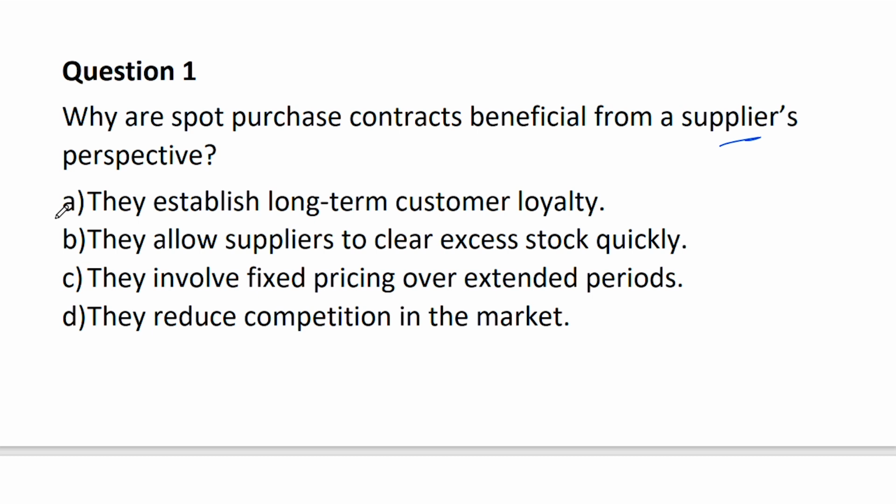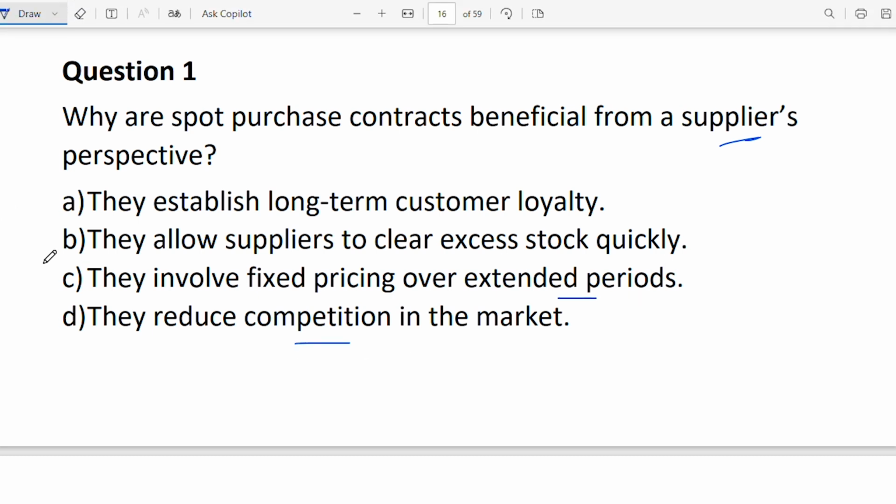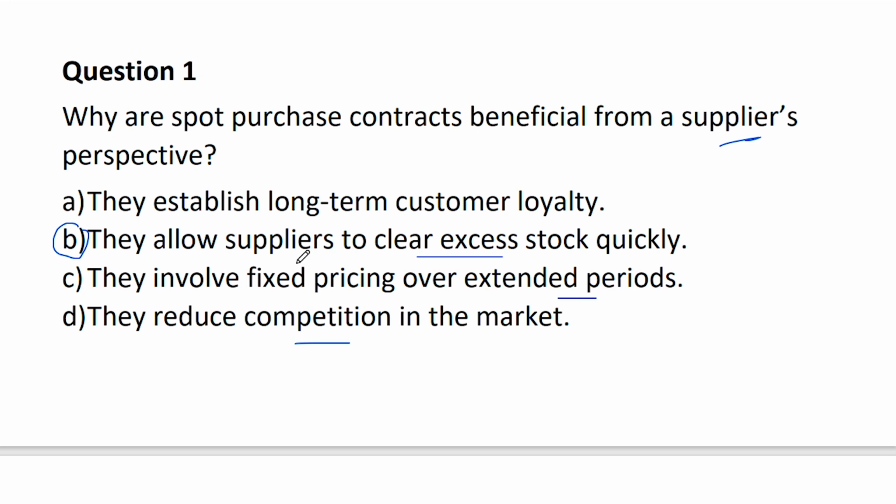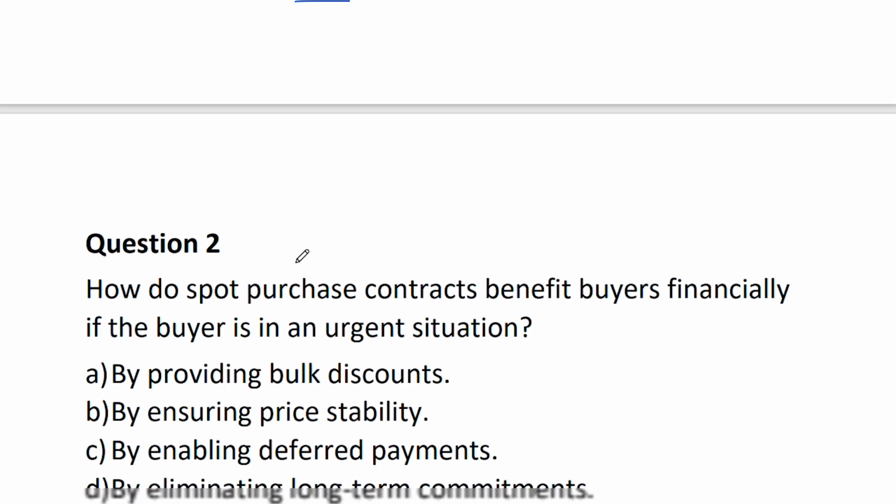They are spot, so there's nothing long-term, right? They allow suppliers to clear excess stock quickly. They involve fixed pricing over an extended period? There is nothing extended about these, and they don't even help in reducing competition. So they just help the supplier to quickly clear their stock, because you're just buying what you need when you need it at that particular moment.